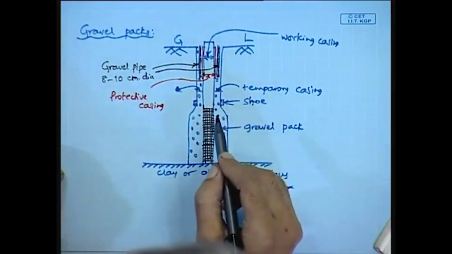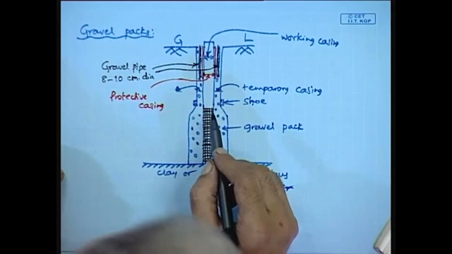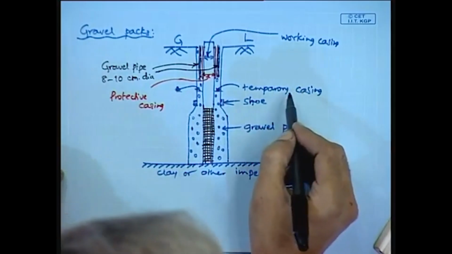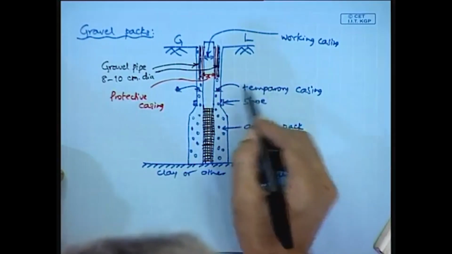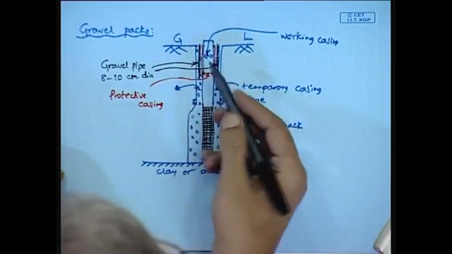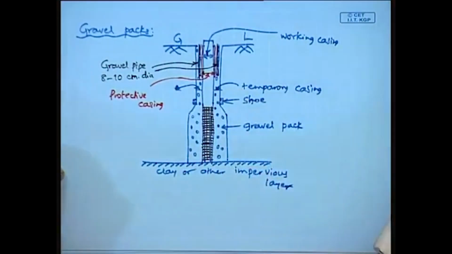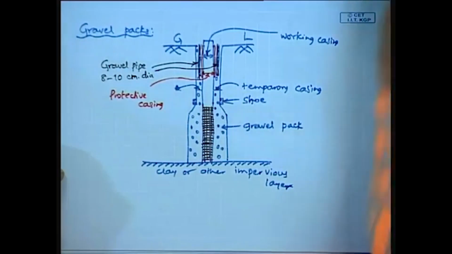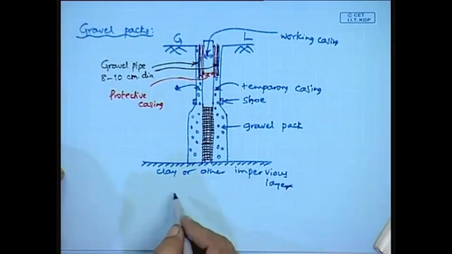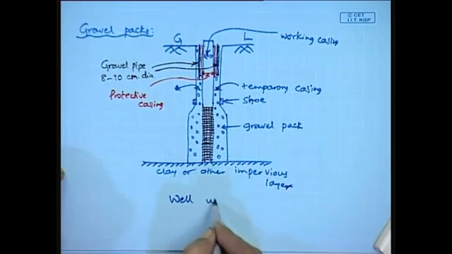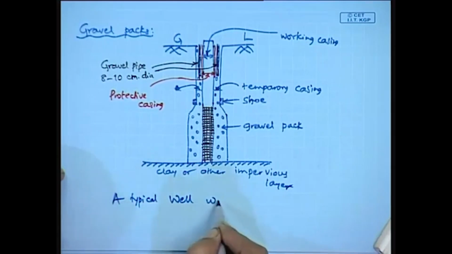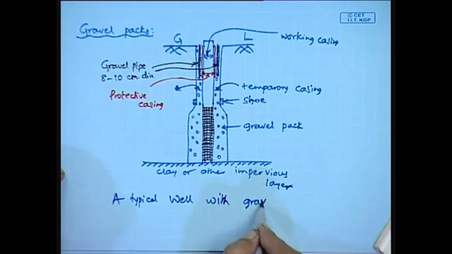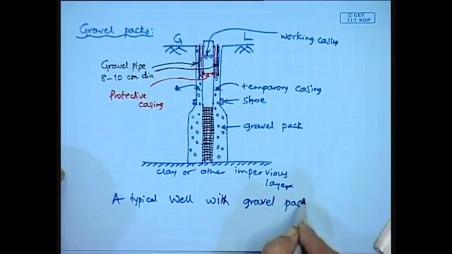Dia, and then this is a temporary casing here, which of course I have already shown. This is a 15 centimeter or more grouted. And this is the topsoil, and this is a typical well with gravel pack.